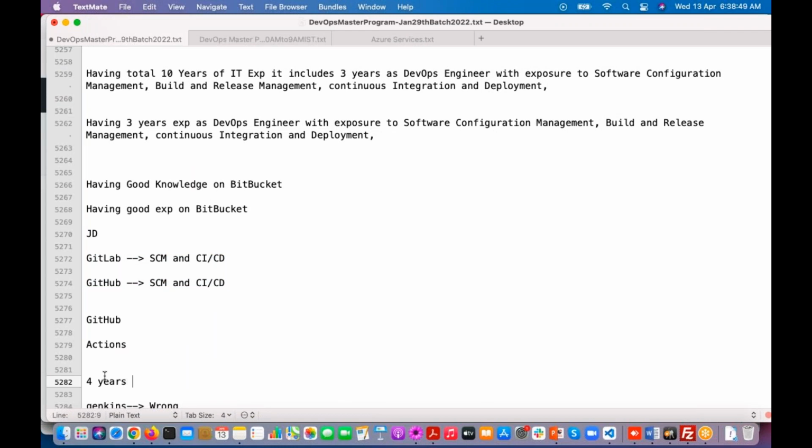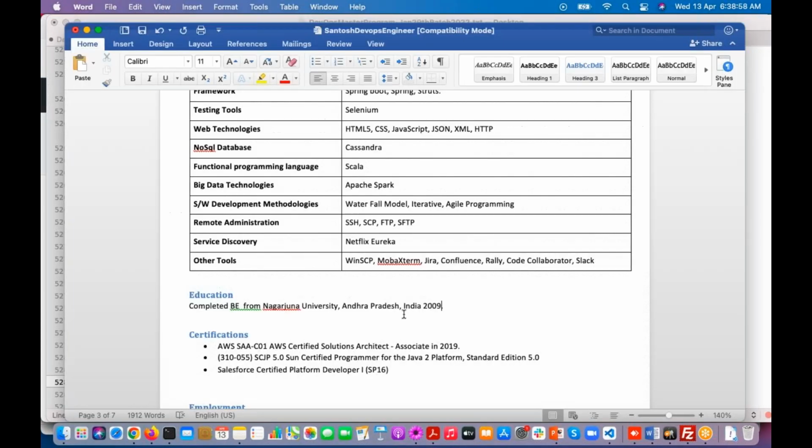But they completed around 13, 14 years back, right? And they are going to ask, you completed in 2009 but you have only 4 years of experience, so what did you do earlier? If you don't mention any year here, they are not going to ask any questions on this.